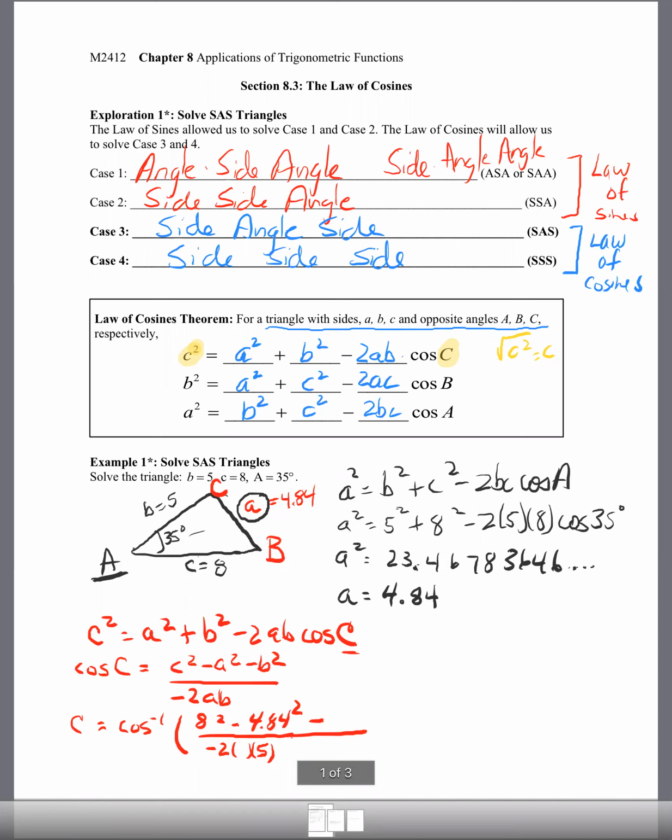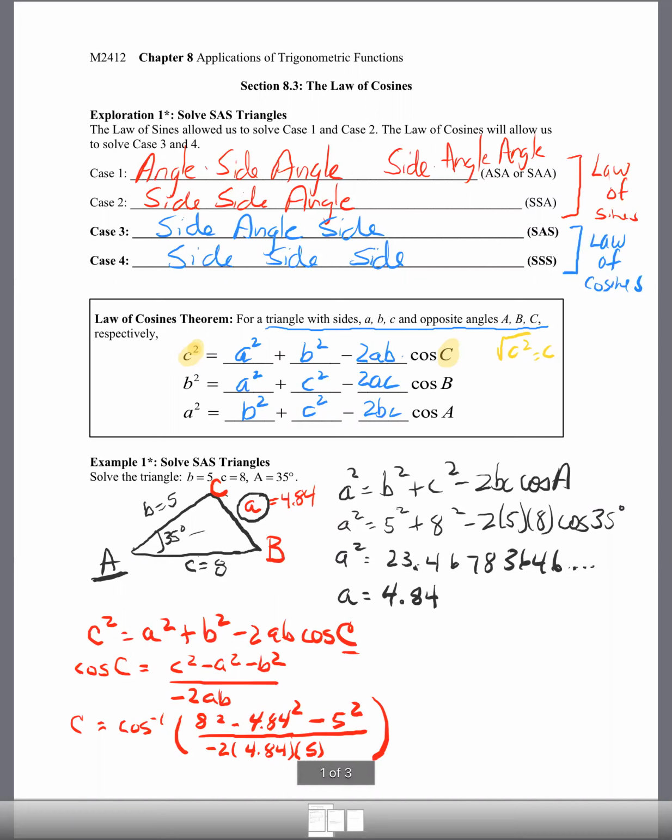And then we can subtract B's square, so 5 squared. In the denominator, I actually have -2 times 4.84 times 5.